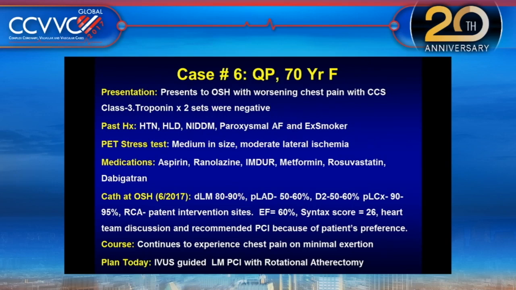She had a cath at the outside hospital, which showed distal left main disease, proximal LAD about moderate, but most important was significant circumflex disease with a SYNTAX of 26. At the outside hospital, a heart team discussion was done. She did not want surgery, so the patient was referred here to have PCI of the left main. So here we are.